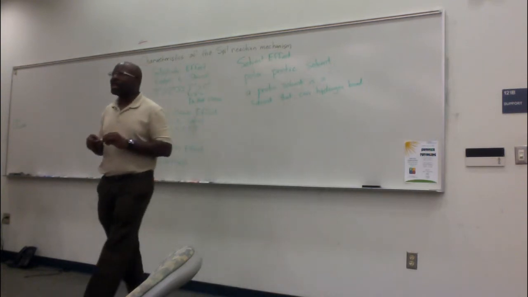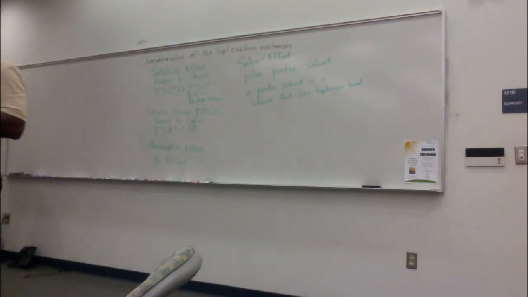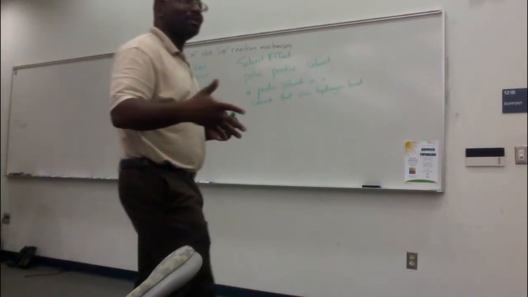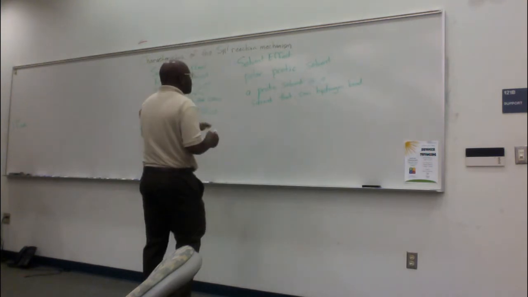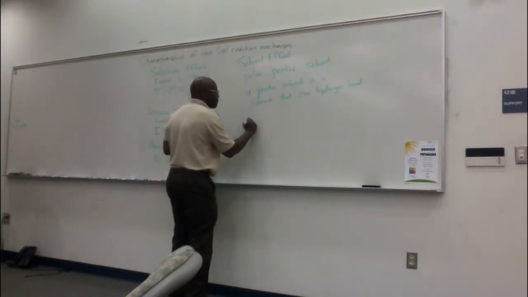We also mentioned that in order to hydrogen bond, a hydrogen must be directly attached to what three atoms? Fluorine, oxygen, nitrogen. So give me an example of a polar protic solvent.